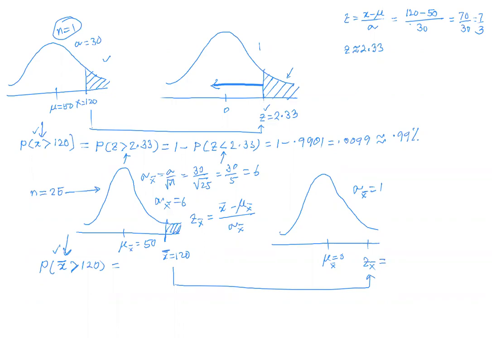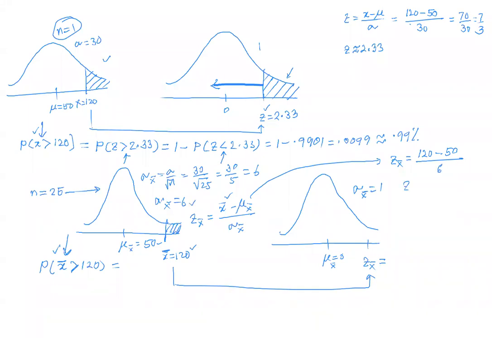Now, if I plug it in, let's take it over there where we have a little bit more space. z sub x bar is equal to x bar, the point in question, 120, minus mu sub x bar, which is 50. All of it divided by sigma sub x bar, which is, by the way, 6.